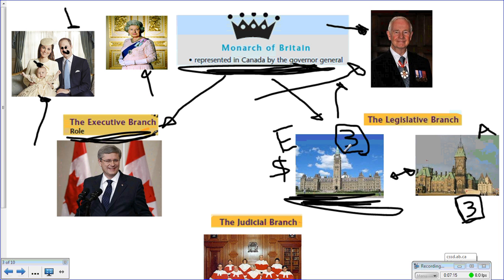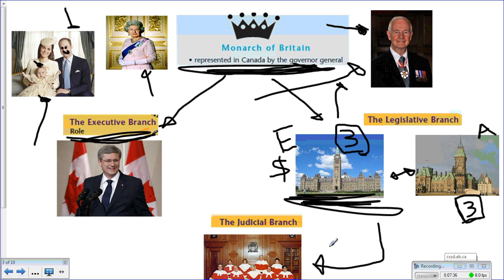Now, once that bill is signed and it's made a law, it then goes down and can be challenged by the Supreme Court. Now, if you had a law like you're not allowed to say the word blue or Quebec sucks, then if they pass that law, it would go all the way up.